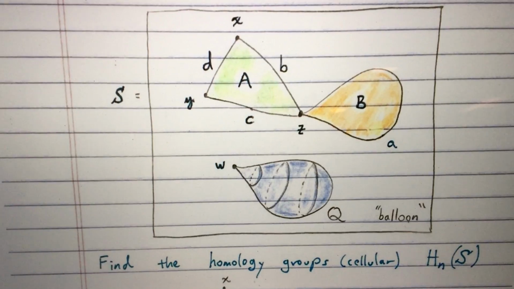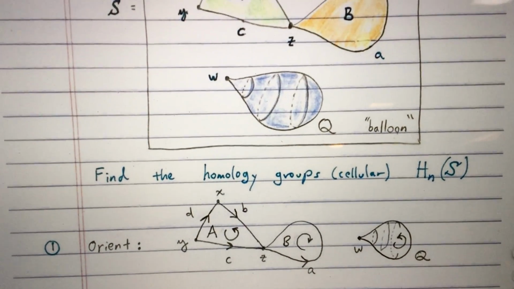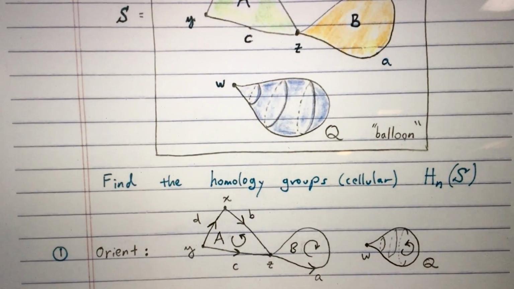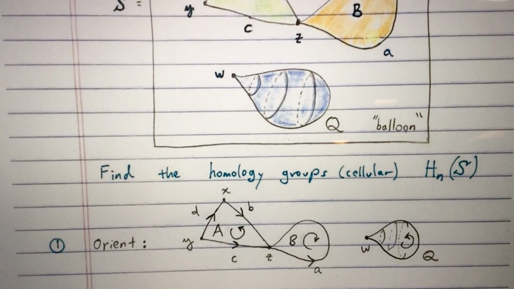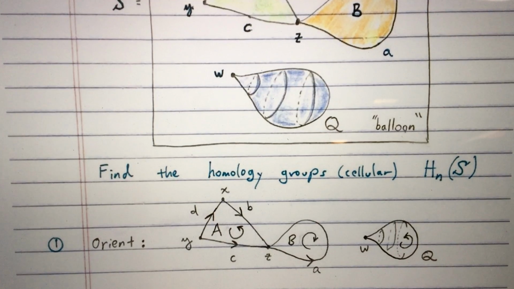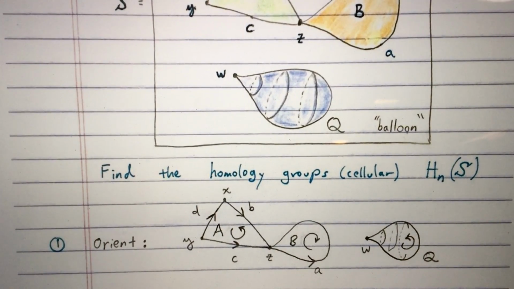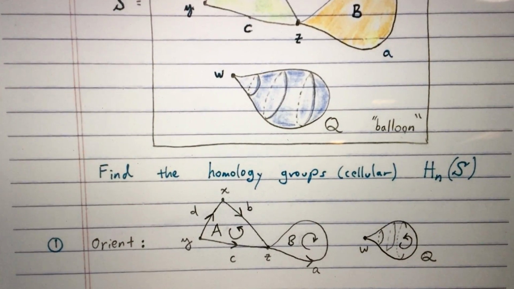Okay, so step 1, we need orientation. So I took the same exact space S, but now I've given each of the cells an orientation. Now, that's completely arbitrary, and the arrows do not mean any sort of gluing.